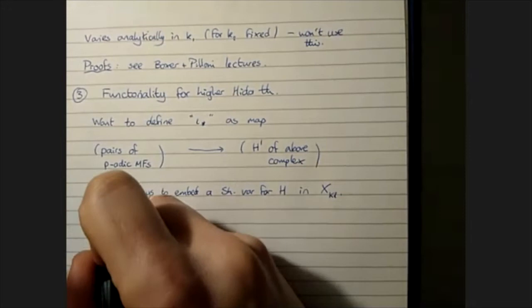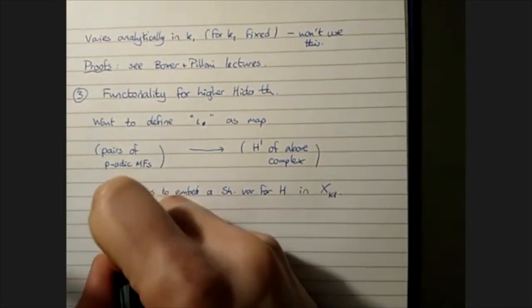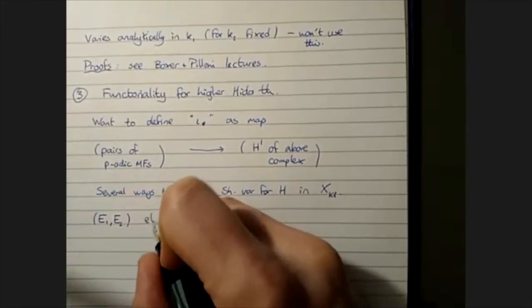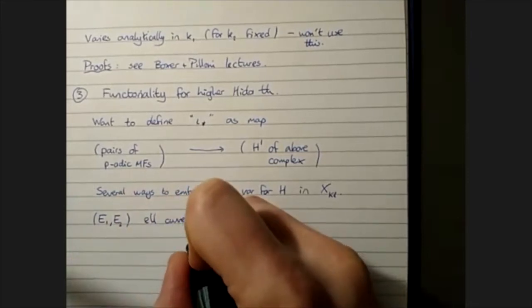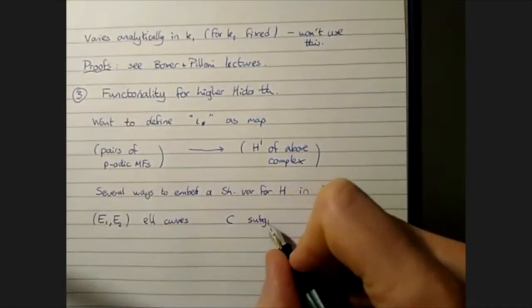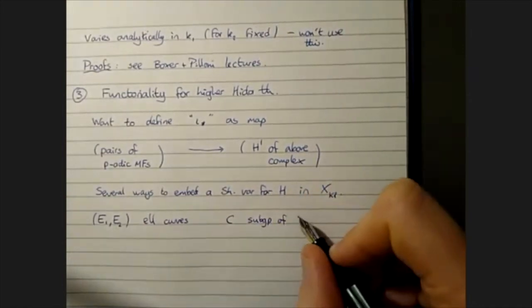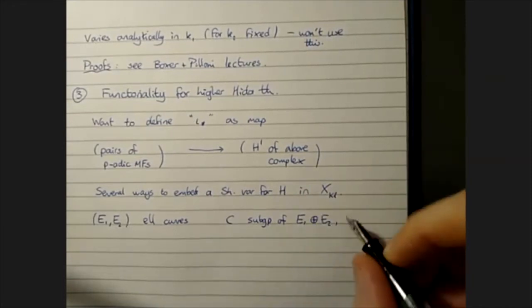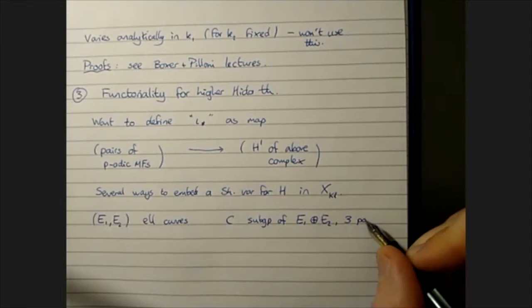So we have a pair of elliptic curves E1, E2. So if we have C a subgroup of the abelian surface E1 plus E2, there's 3 possibilities.